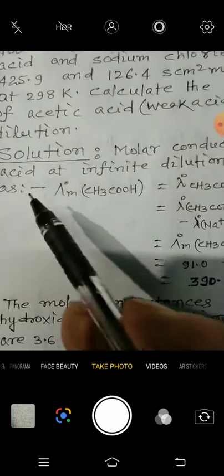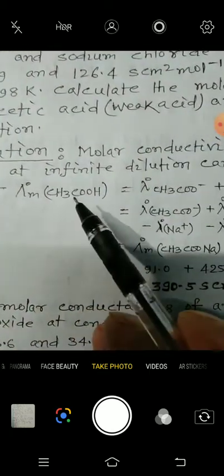With the help of the Kohlrausch law formula, the limiting molar conductivity of acetic acid will be this much.